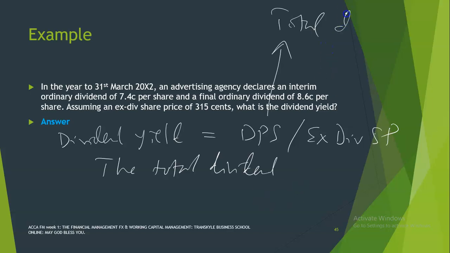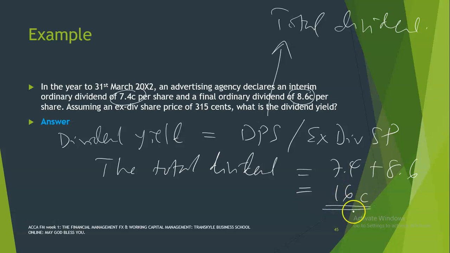So the total dividend is equal to, we first paid 7.4 cents, the interim meaning during the year, and then 8.6 cents was the final dividend. So we need to add those two figures, 7.4 plus 8.6. What do we get? Obviously, we get 16 cents, isn't it?